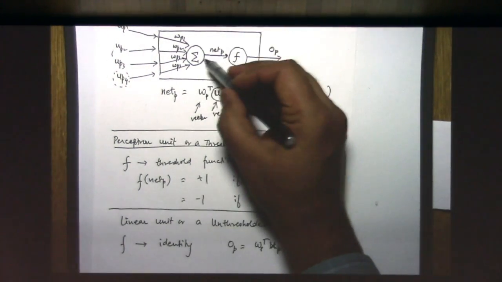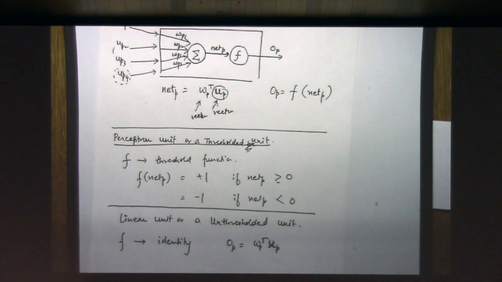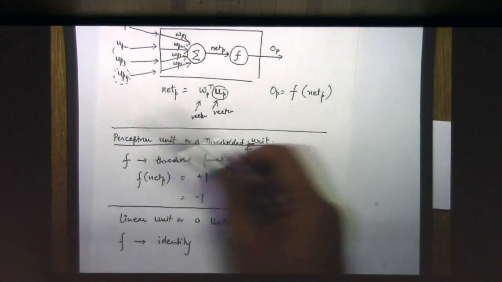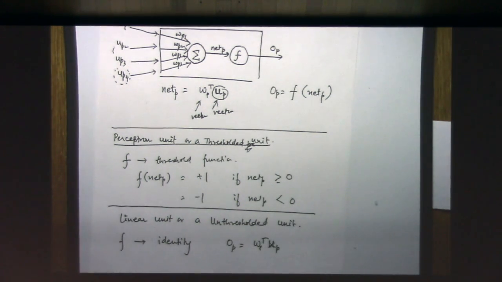Whatever comes in from this aggregator is what is output. That's why it's linear: it just does a linear combination of your inputs. So for the training part, when we do gradient descent, we use the linear unit. But when we are using it for the actual prediction, then we use the thresholded unit, because we do need +1 and -1 in the end.